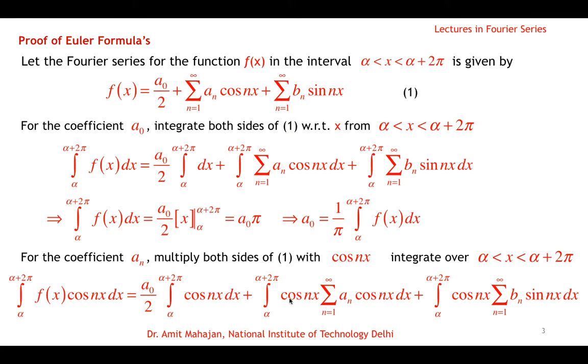That means for cos square nx this will give a value, and for all others it will be 0. So this infinite sum will actually give only one integral value, when cos nx is multiplied with cos nx. So the first is 0, the third is 0, and it will give only one term.